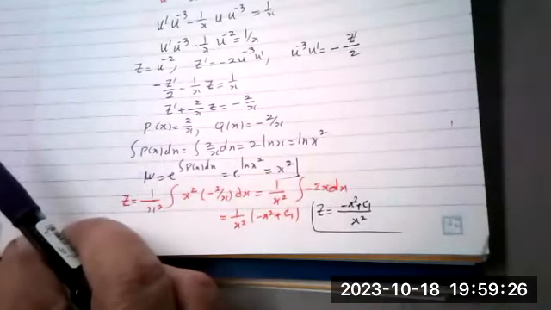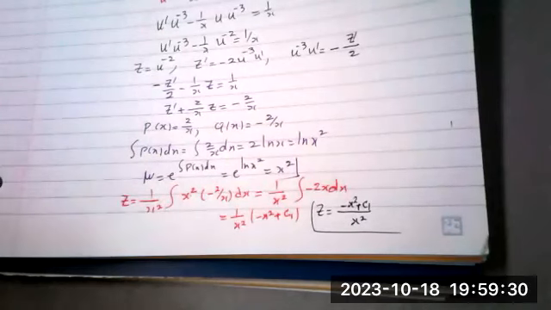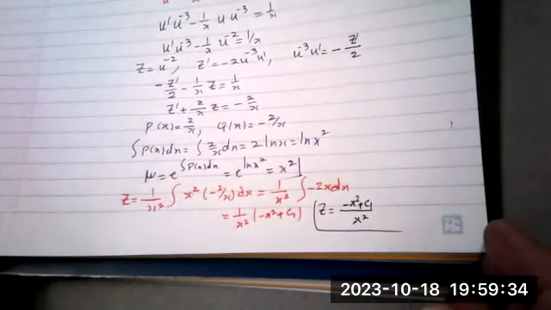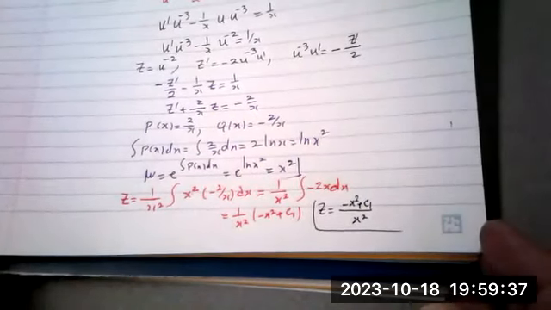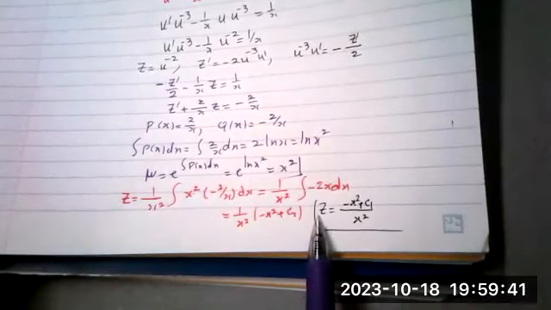Z is u to the negative 2, to be able to take care of this one. So I switch to u to the negative 2, then I can find it.